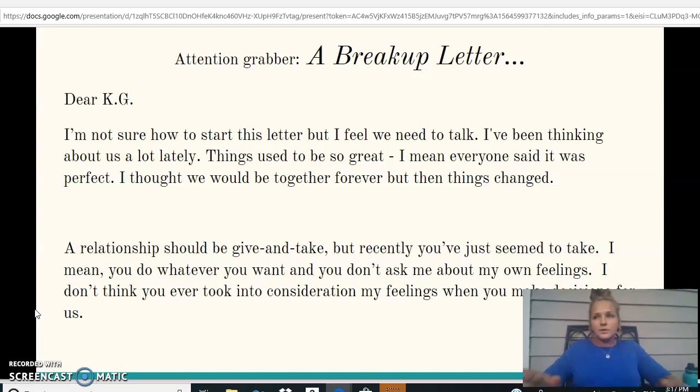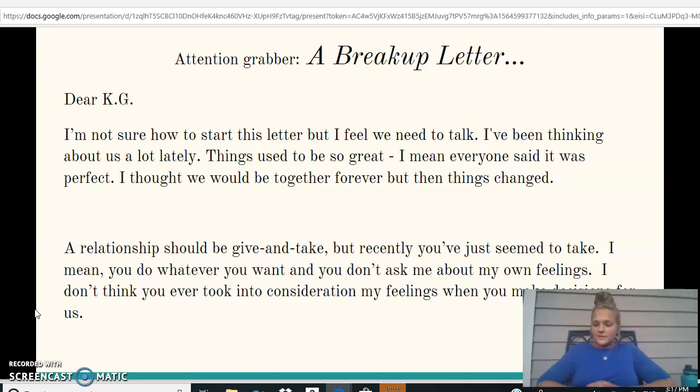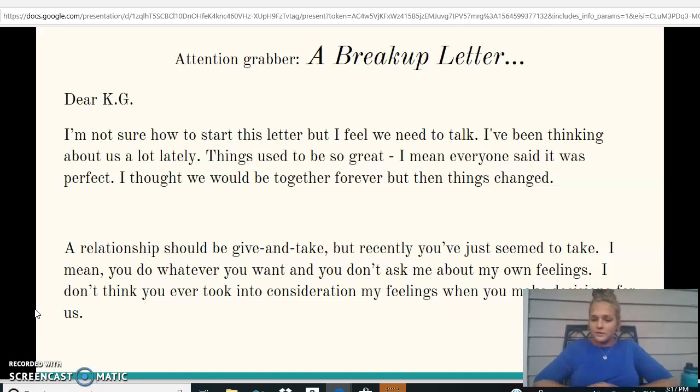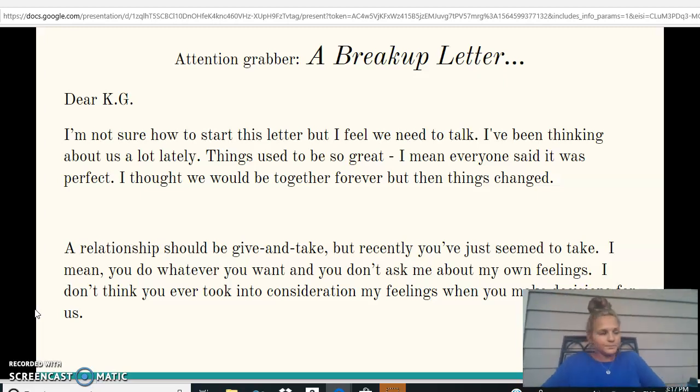So I would introduce this topic with an attention grabber. Instead of going straight off the bat and saying, hey, we're learning about the Declaration of Independence, snooze, I mean, that is so boring. I have found a way to compare the Declaration of Independence to a breakup letter, which some of you may have written before.